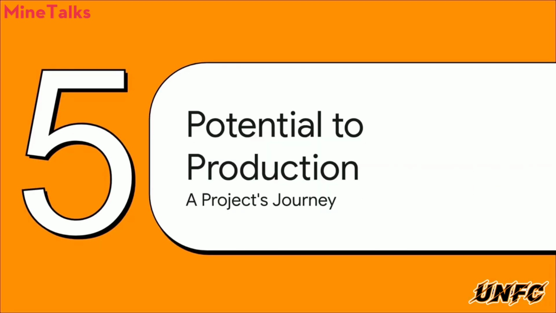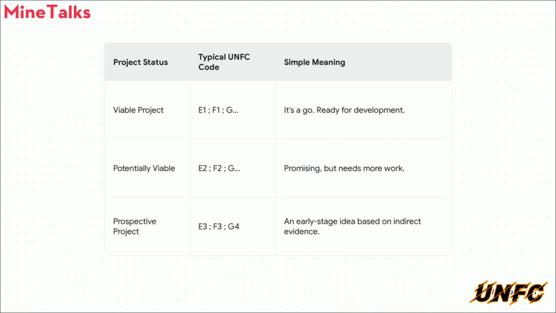So now that we see how the codes are built, you can start to imagine how different combinations create this clear spectrum. A spectrum that shows you exactly where a project is on its journey, from being just a vague idea to a real producing asset. Look at how these codes tell a story. If you see a code that starts with E1 and F1, you know it's a go, it's ready for development.